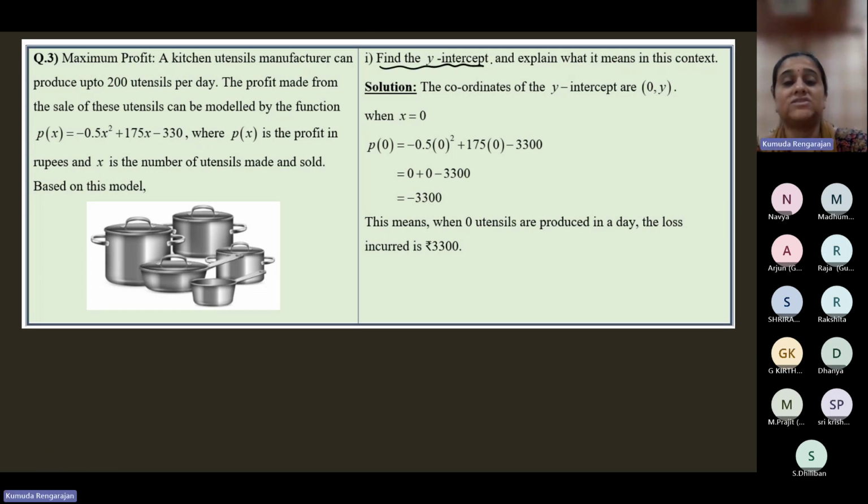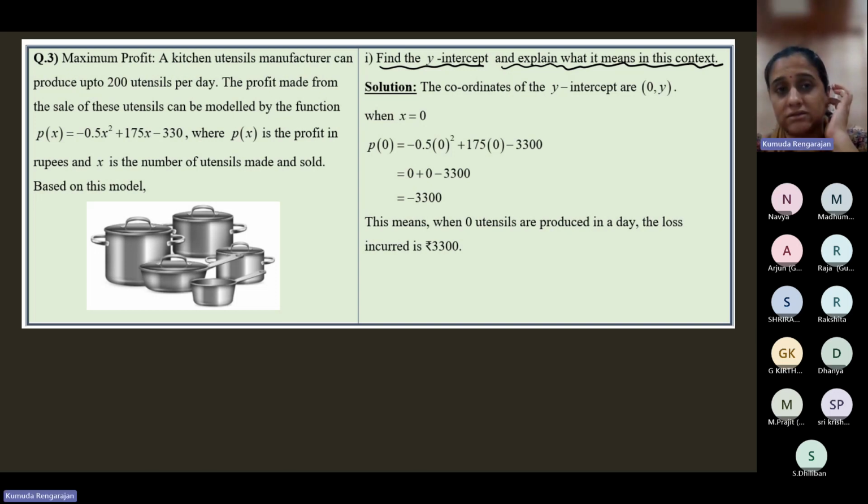Find the y-intercept and explain what it means in this context. Find the y-intercept. So y-intercept is that point where the parabola intersects the y-axis, where it cuts the y-axis.